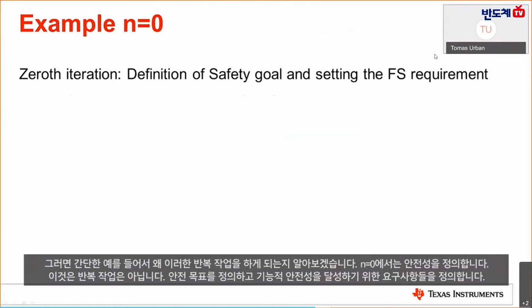Now I'd like to show you a really hypothetical and simple example of how such an iterative process may look. Iteration number 0 is the definition of the safety goal. It's not really an iteration, but a definition of the safety goal and setting the functional safety requirement.